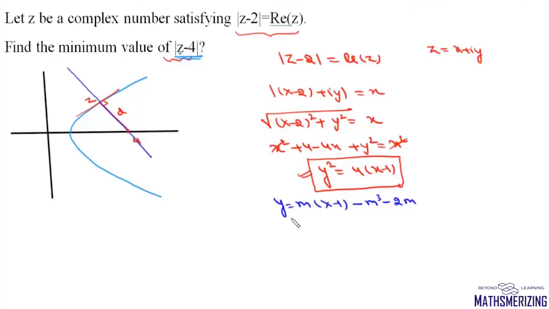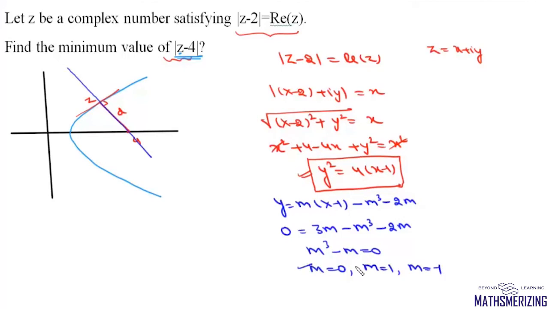So we'll put y as 0 and x as 4. So it'll be 0 equals 3m minus m cube minus 2m. So it'll be m cube minus m equals 0. We'll get 3 values of m. Either m is 0 or m is 1 or m is minus 1.